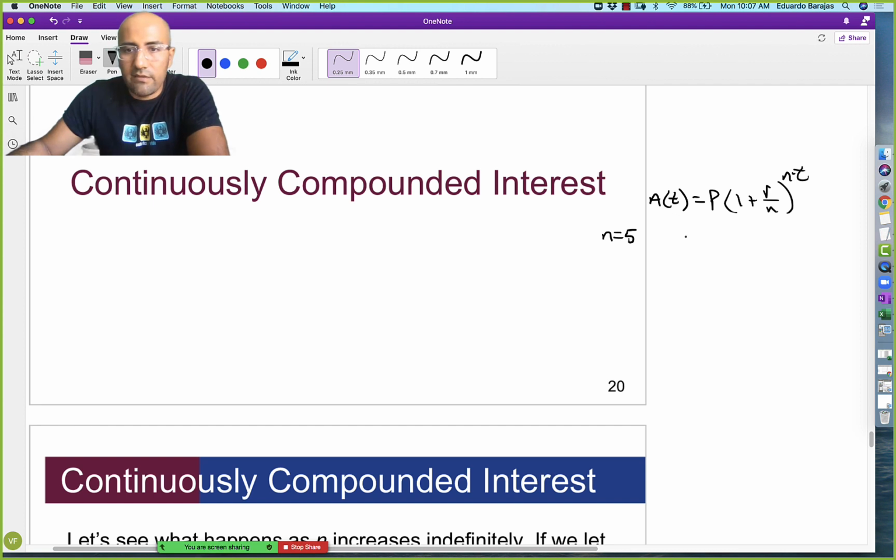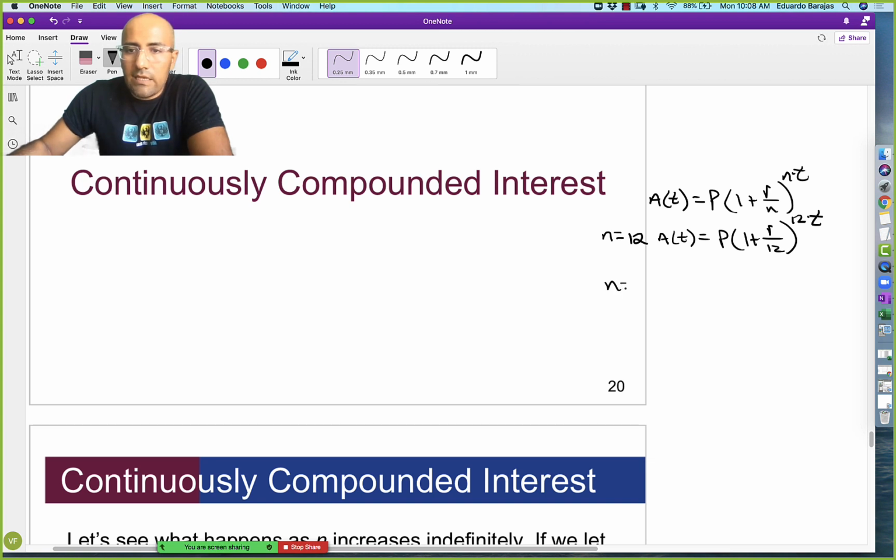Well, let's not do 5. That's kind of an unusual number. If we make it equal to 12, that makes it monthly, right? So if we let n equal 12, then this becomes A of t equals P times 1 plus r divided by 12 to the power of 12 times t.